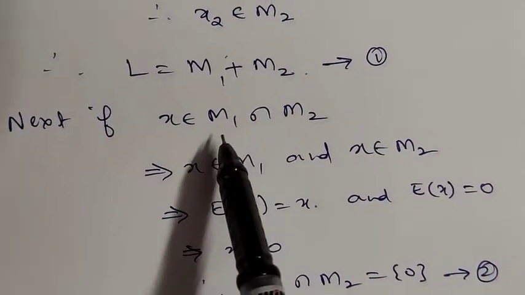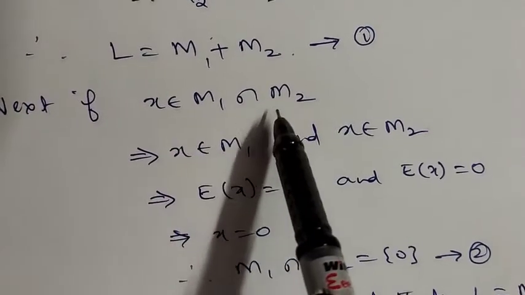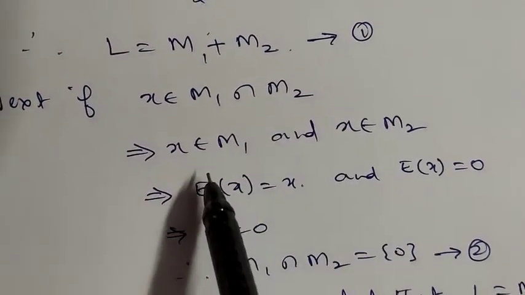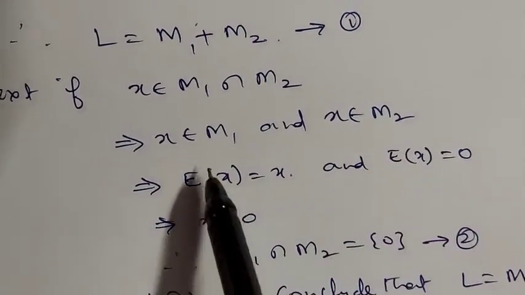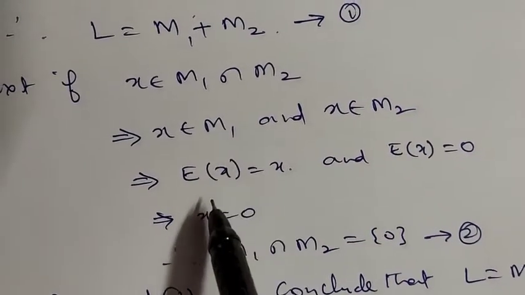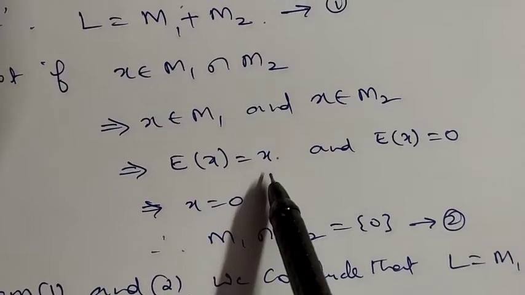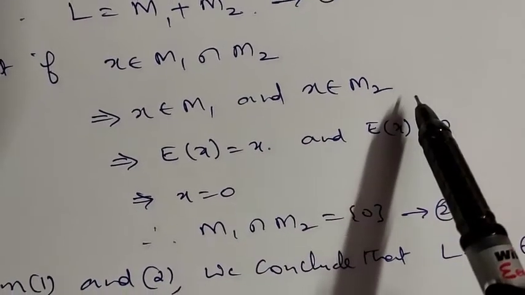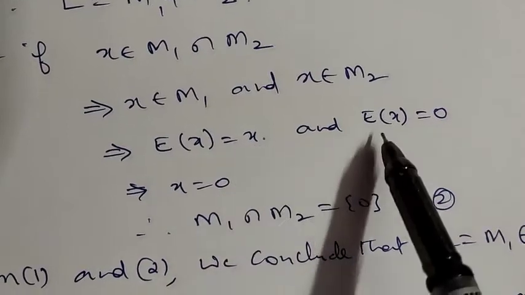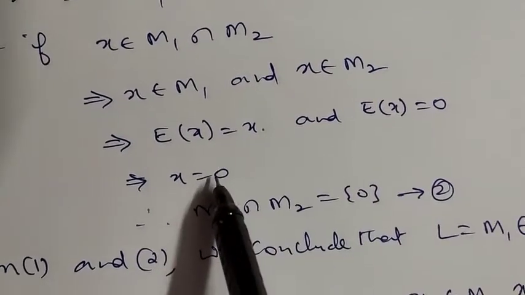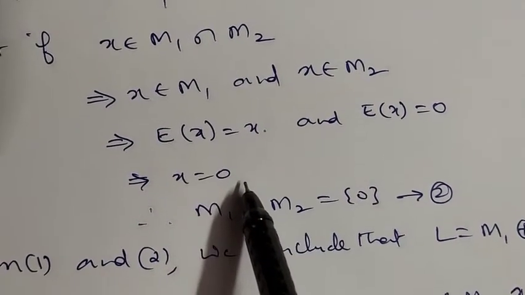Next, suppose we have an element x belonging to M1 intersection M2. This implies x belongs to M1 and x belongs to M2. Now x belongs to M1 implies E of x is equal to x itself, and x belongs to M2 means E of x is 0. Now E of x equal to x and E of x equal to 0 implies x must be 0.